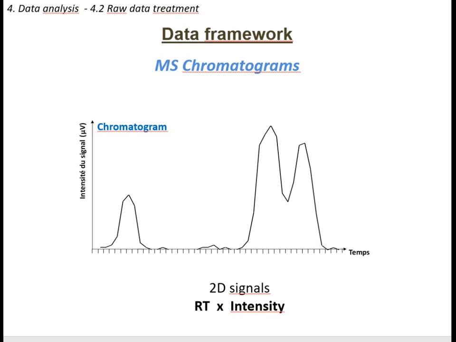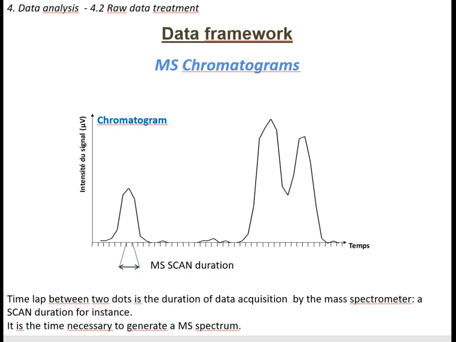So you have retention time and intensity. As you can see, it's not a totally continuous curve. In fact, these are several points that you link together, so you have somehow a curve. But if you zoom in well enough, you see it's not a curve. It's a succession of points, of measurements.